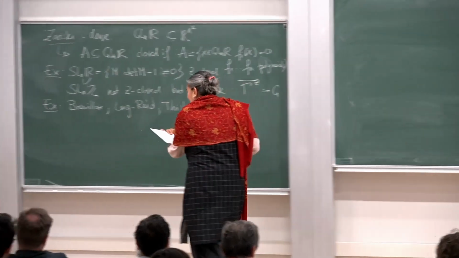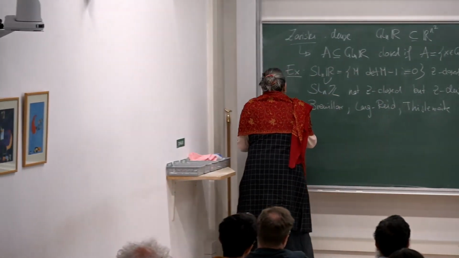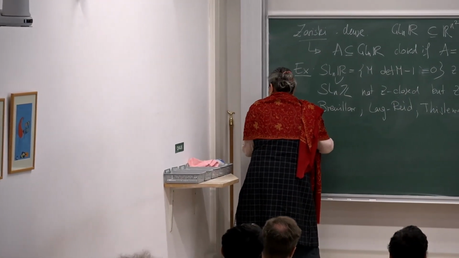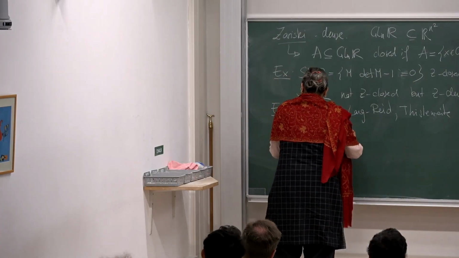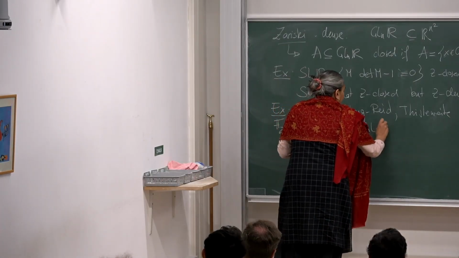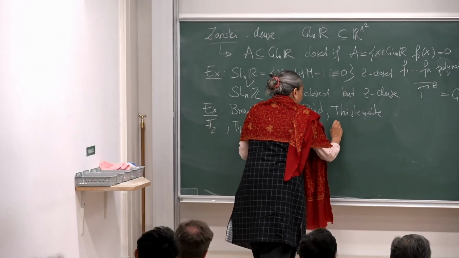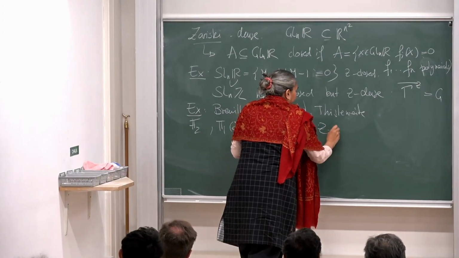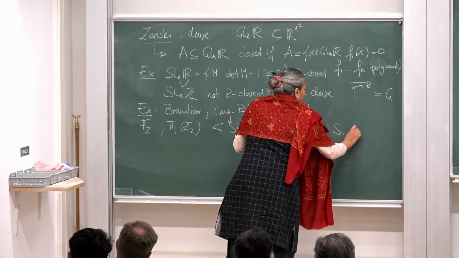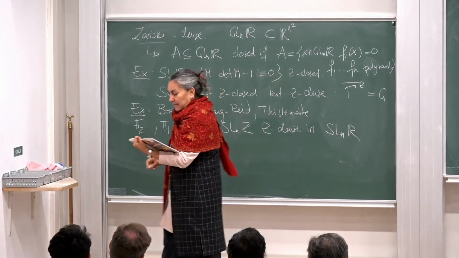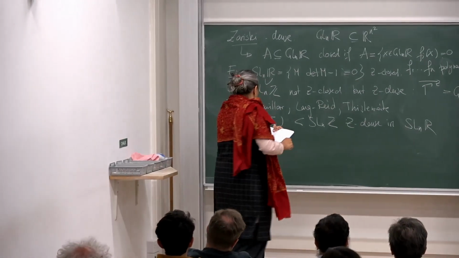Anyway, so what did they do? They managed to have F2 and surface groups in SL_n(Z), Zariski dense in SL_n(R).